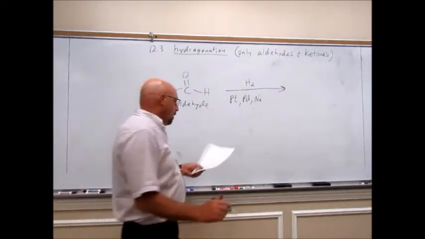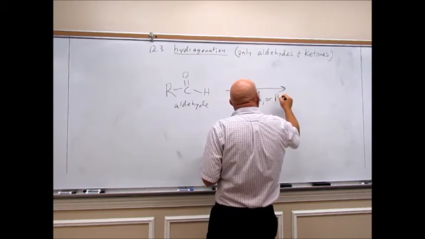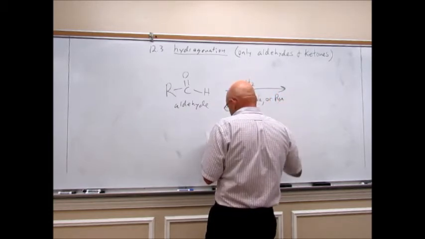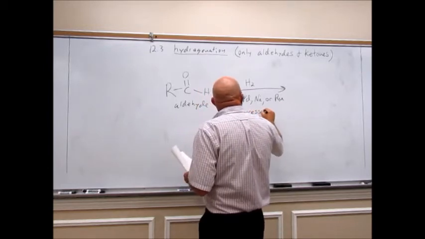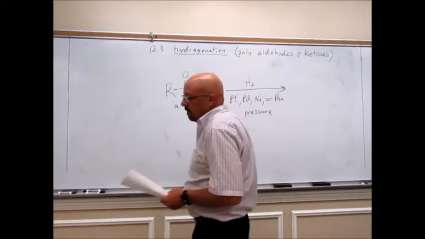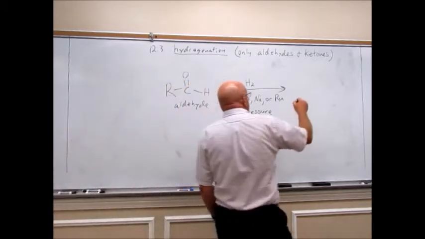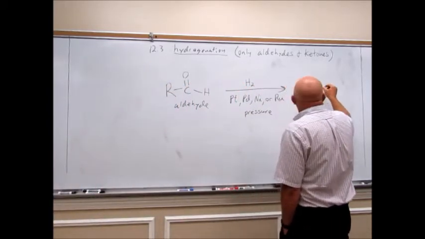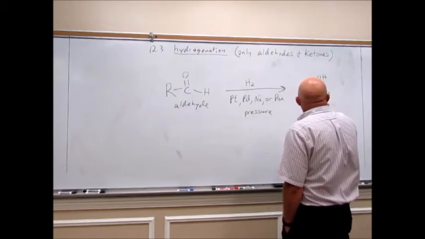I'm going to add one more in here. You can also use ruthenium. And then these are usually done under high pressure as well. This will reduce the aldehyde to a primary alcohol.